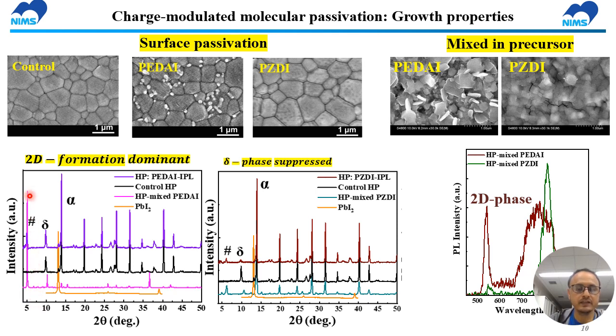It means there is formation of a 2D phase, which explains the small crystallites observed in the PADI treated film. Whereas if we compare the same property with the PZDI treated film, we can see very small crystallites formed on the surface, which means PZDI is less likely to form the 2D phase compared to the PADI treated film.